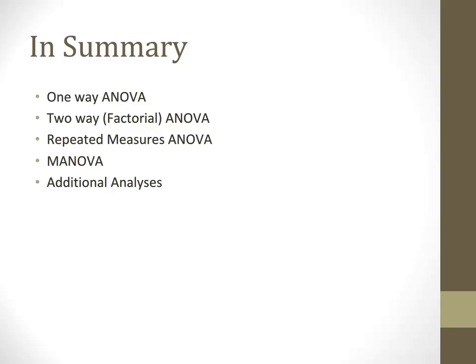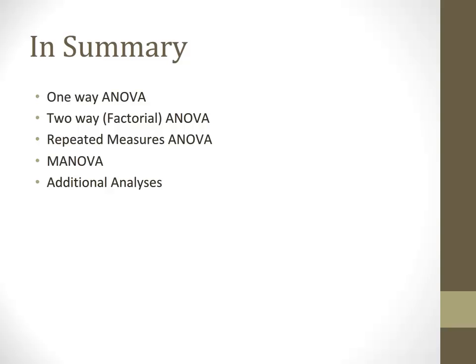We then looked at the MANOVA, and the MANOVA differs from the first three analyses or procedures we looked at in that the MANOVA allows the researcher to look at more than one dependent variable, and remember that the researcher uses the MANOVA when the dependent variables are correlated or related. We then looked at two additional analyses, the mixed within between groups ANOVA.